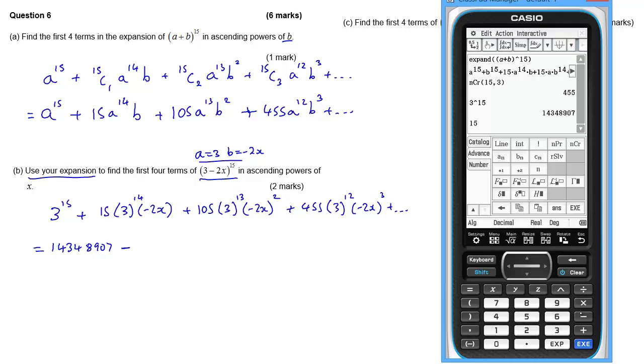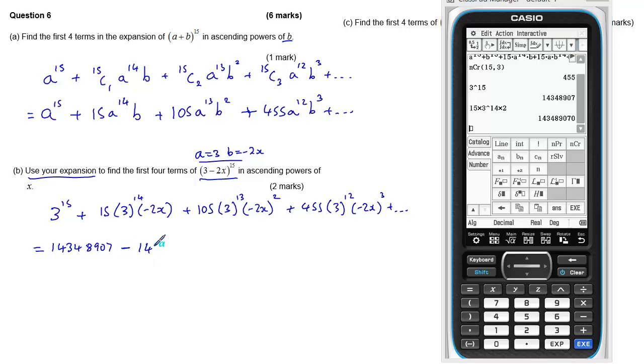We've got 15 multiplied by 3 to the 14 times 2. So that's 14,348,907 times 10, and there'll be x on that one.